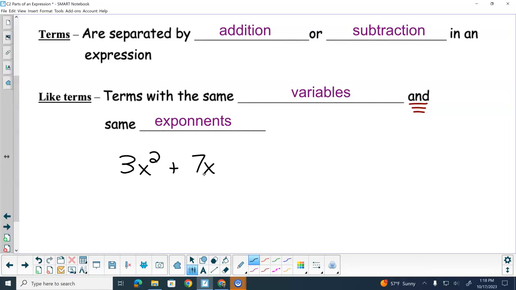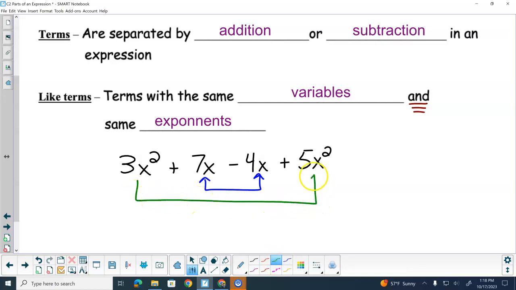So those are not like terms. Whereas if we said then minus 4x plus 5x squared, now these two are like terms because they're both x's, and these two are also like terms because they're both x squareds.